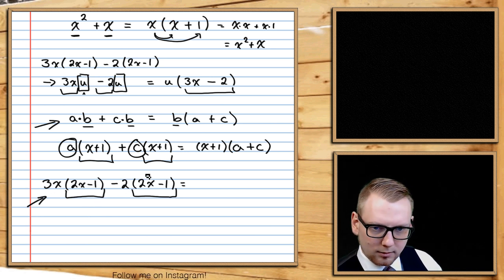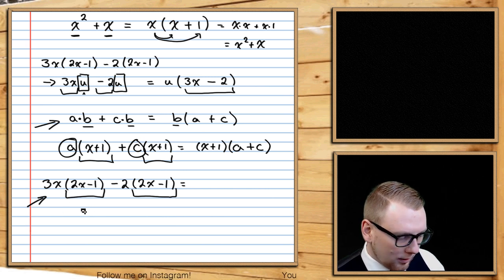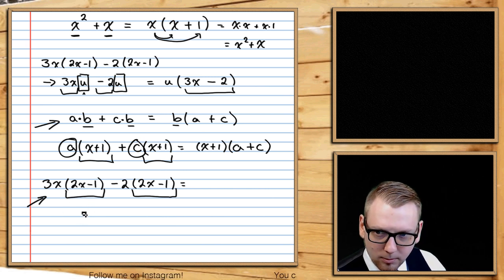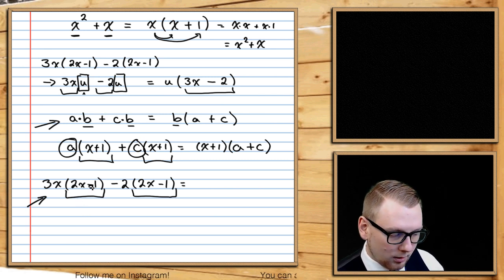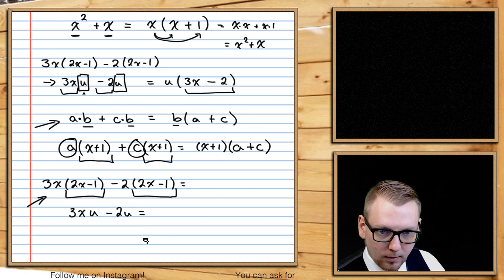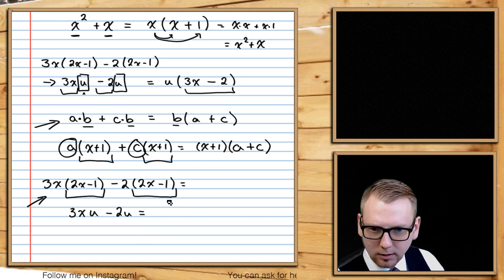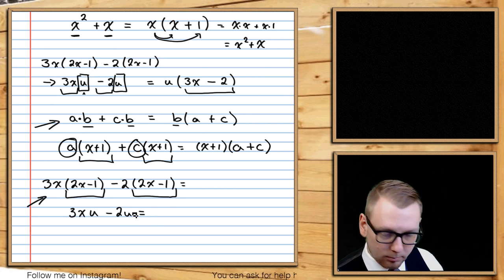You're not taking anything away like that. So look, again, if I did the exact same thing as before by writing it in u's, so I don't really care about this 2x minus 1 thing. I'm going to write 3xu minus 2u. We did this before. It's the same thing, right? We took out just a u from both terms.